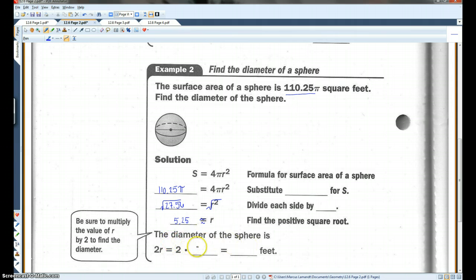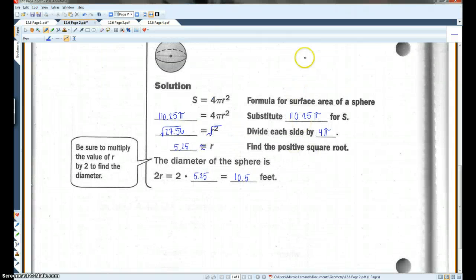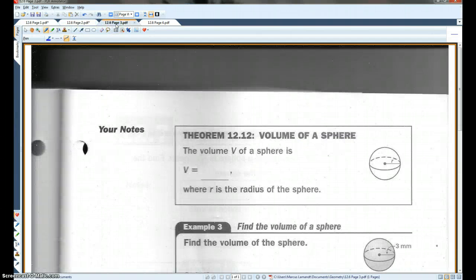The diameter of the sphere is twice that. 2 times 5.25 is going to be 10.5 feet. Initially I substituted 110.25 pi for S, and I divided each side by 4 pi. Alright, that's it for this page. Let's go on to page 3.